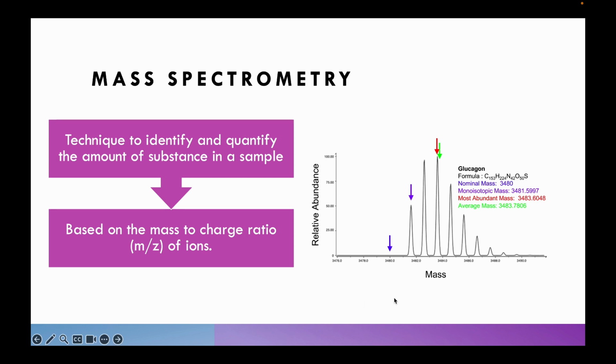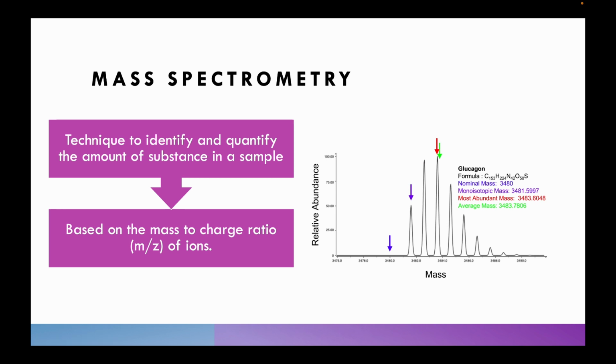Based on that, you can identify how abundant a particular compound is in a sample, because different compounds have different masses and generate different ions when they are ionized. Based on that you can identify if that protein or chemical is present in your sample or not, and if it is present, in what amount, right?